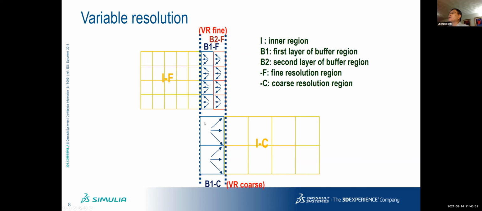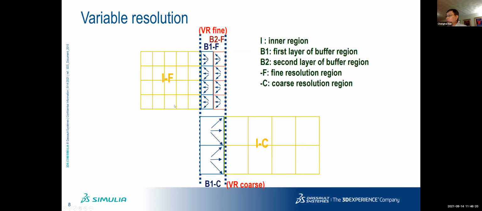So initially we move the particles pointing to the fine side onto the fine cells. So this will provide the particles from this side for the fine voxel.